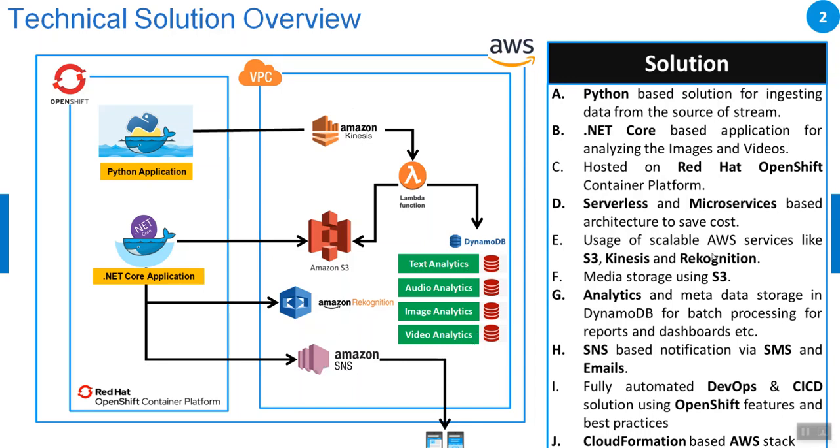these detailed analyses. So it's a Python based solution and a .NET Core based application, hosted on the Red Hat OpenShift container platform, serverless using Lambda and microservices. The Python and .NET Core applications use scalable AWS services like S3, Kinesis, Rekognition, etc., store media onto the S3 storage system, and then can perform analytics in DynamoDB or batch processing, which can later be used for reports, dashboards, etc. There is SNS based notification.